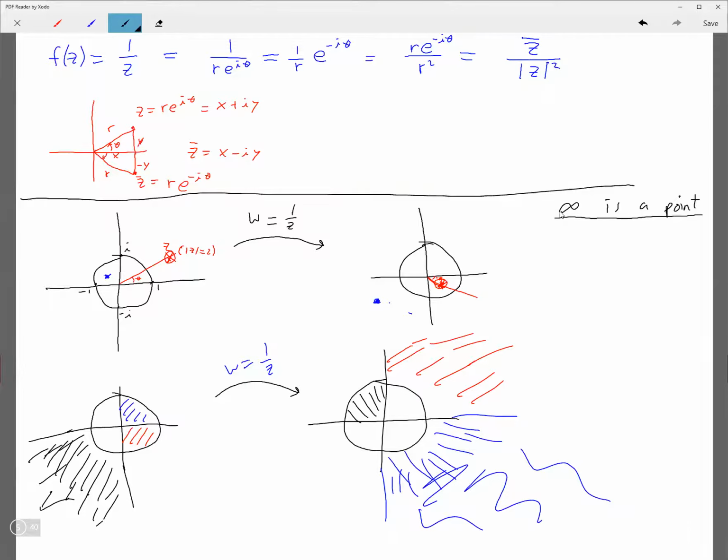I mean, maybe you've been told it's not a point all your life, but maybe you were told a lie, because it is a point now in complex variables. And we do think of it as a point, like other points. And the inversion transformation maps 0 to infinity, and it maps infinity to 0. Okay, so then that makes things work out really nicely.